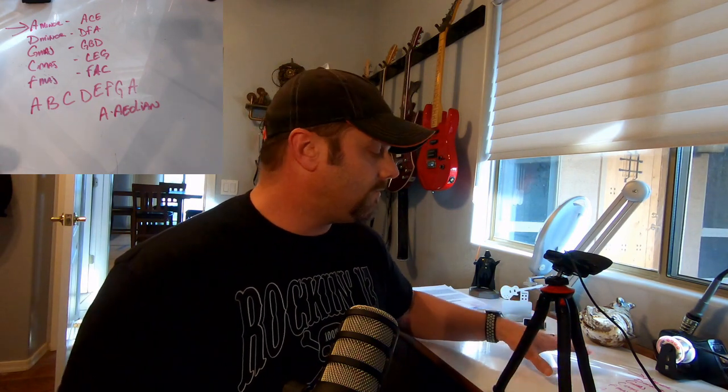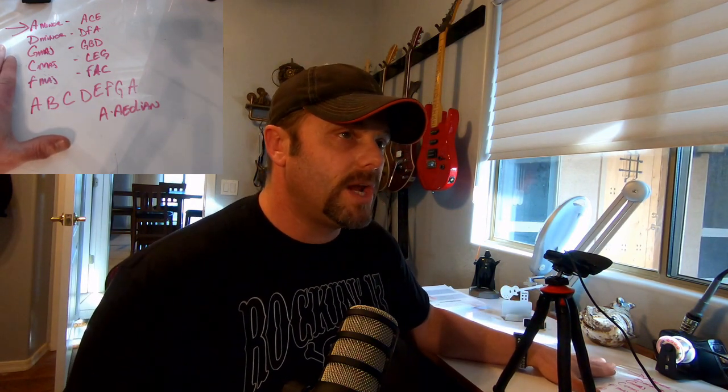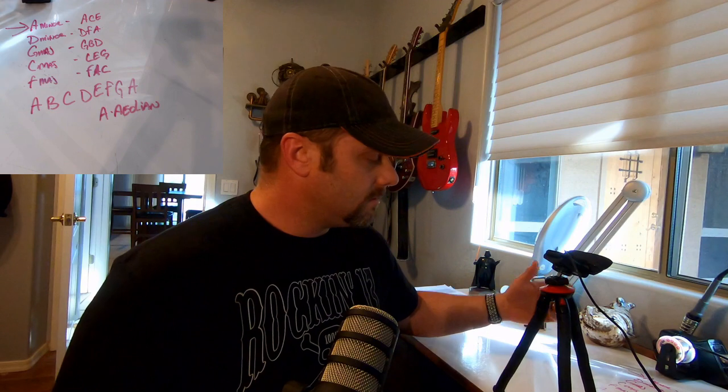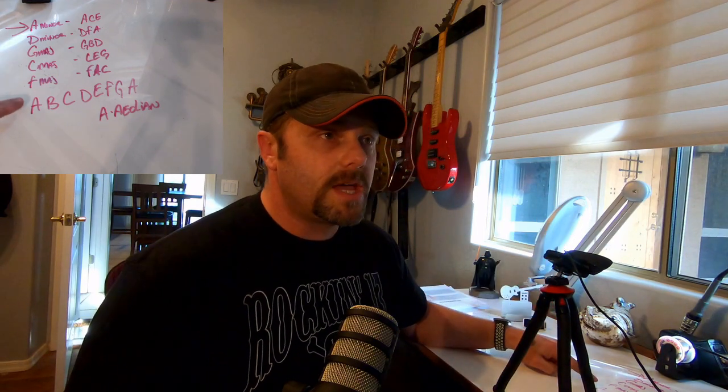But if you can break down a song or a chord progression into its rudimentary form, which is triads, right? You can build a scale and play that scale over it, and it's going to work just fine.